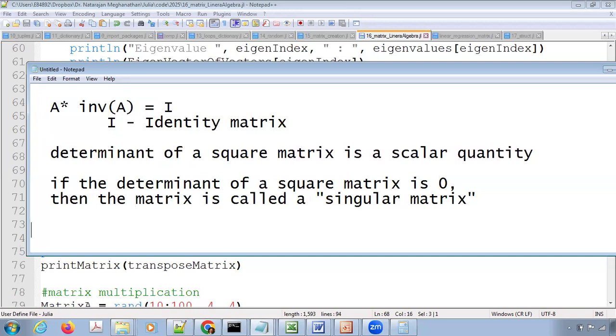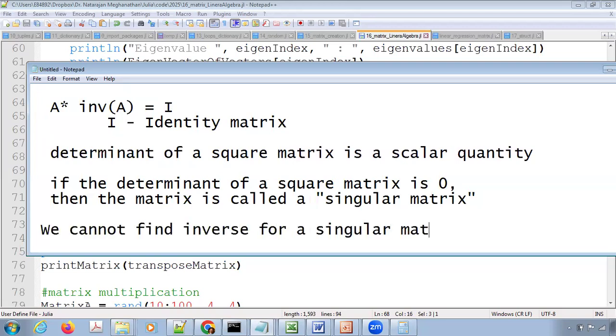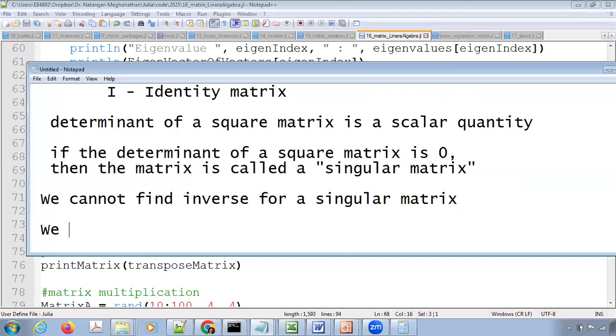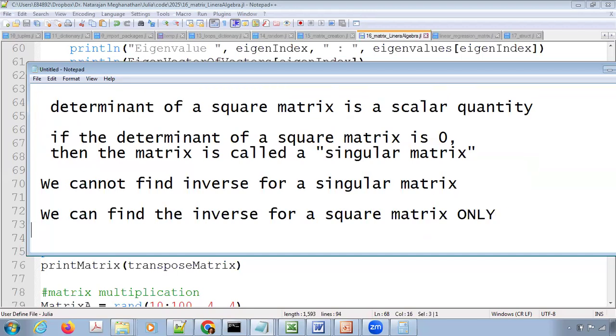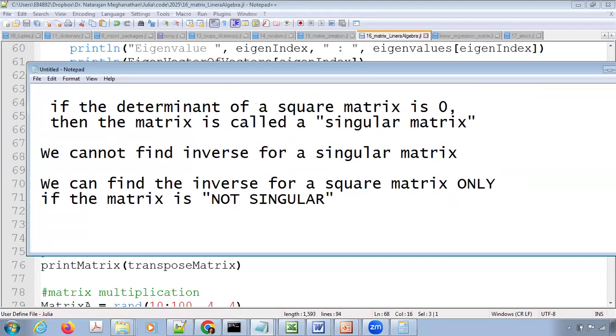So we cannot find the inverse for a singular matrix. That means we can find the inverse for a square matrix only if the matrix is not singular, meaning its determinant should not be 0.